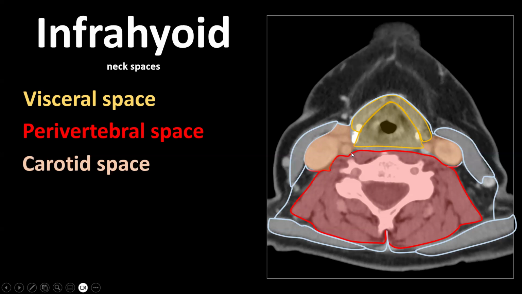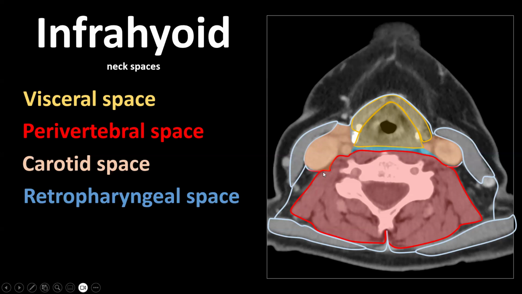And together they form what is called the carotid sheath. So we see that these are connected over here, the superficial layer and the deep layer, and there's also a connection here anteriorly. So I did not draw it completely, but it is there, and we call it the carotid sheath.